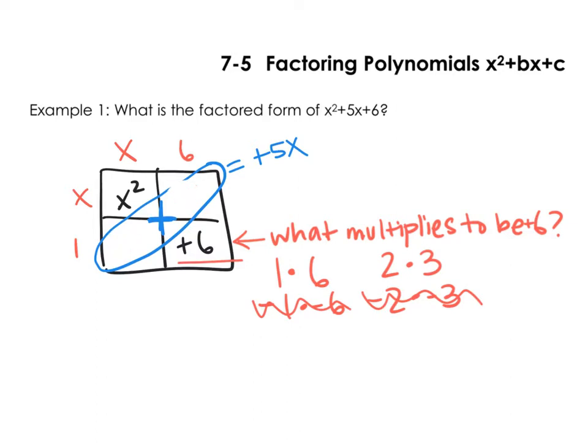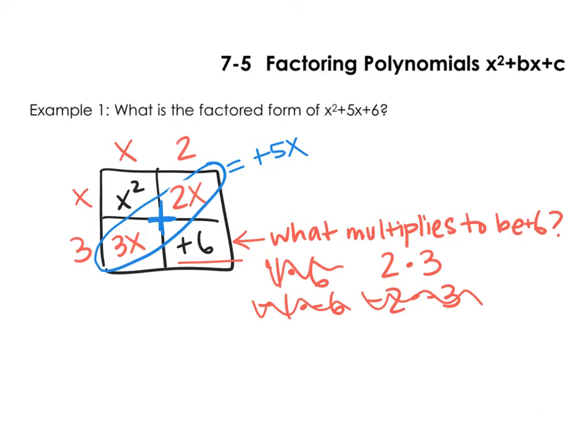I know that this option did not work, so I'm going to cross that off my options, which is going to leave me with the 2 and the 3. So hopefully this works. 3 times x is going to give me the 3x, and 2 times x is going to give me the 2x. I've got to check this. 3x plus 2x does give me that 5x that I needed.